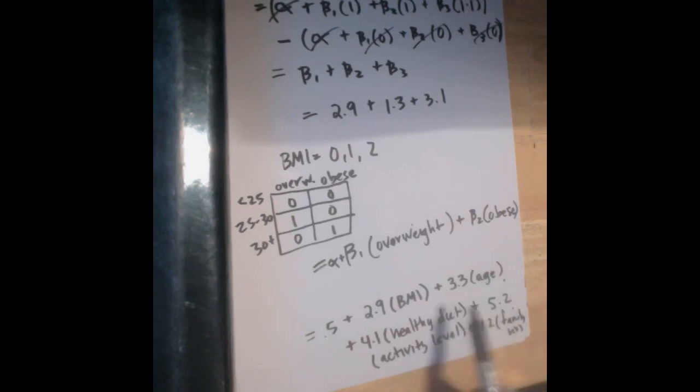And what all this is going to add up to when we plug in the numbers for an actual human being is a model where, if somebody had a BMI of 25, they were 20 years old, they ate a really healthy diet, and we had a score for that, so let's say 1 is the healthiest diet you could have, they were also really active, 1 is the most active you could be, and they did not have a family history, then we would get an odds ratio comparing them to the reference group of 0, 0, 0, 0, 0.